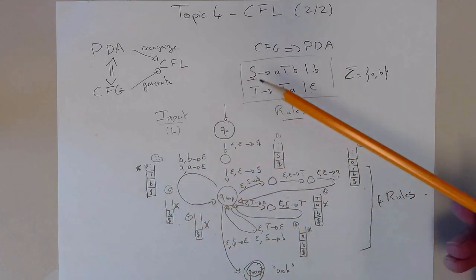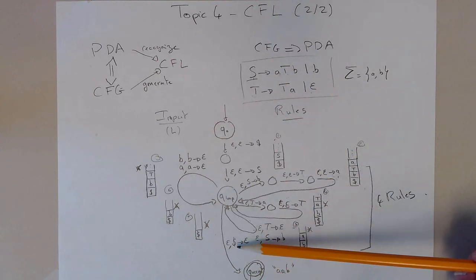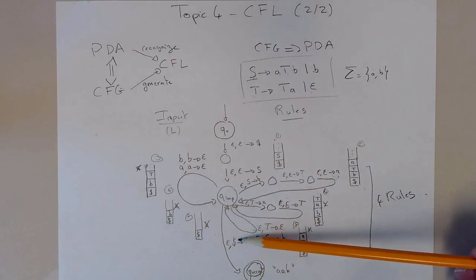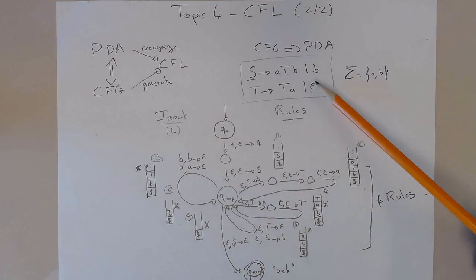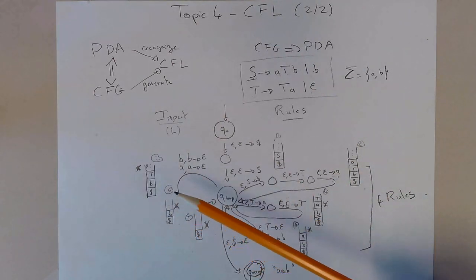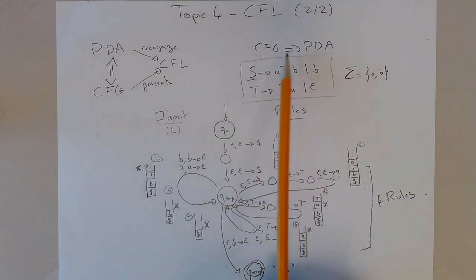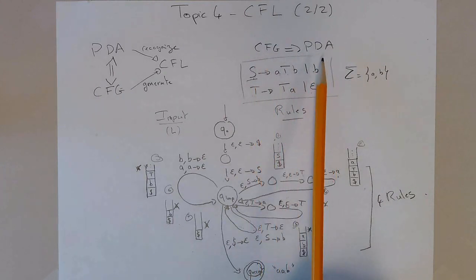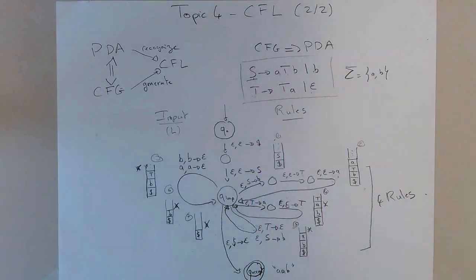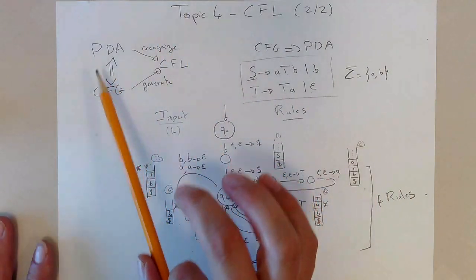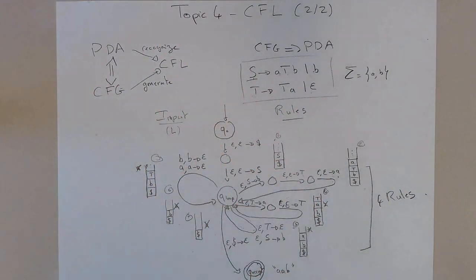And I know that the language recognized by this automaton, that's the PDA, will always be the same as the one generated by this grammar. So that's this arrow of the proof, and I think that's enough to get the gist of the equivalence between the two.